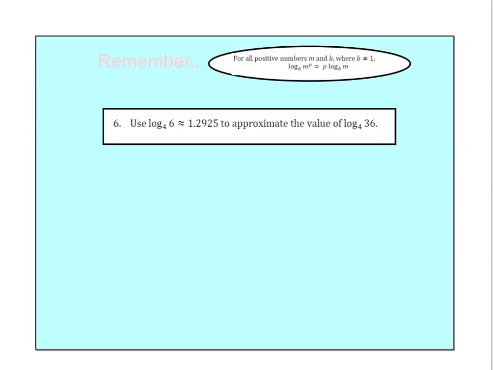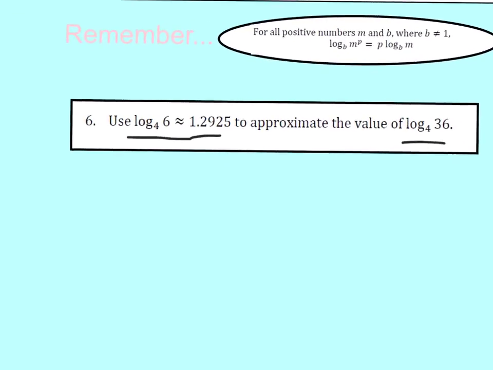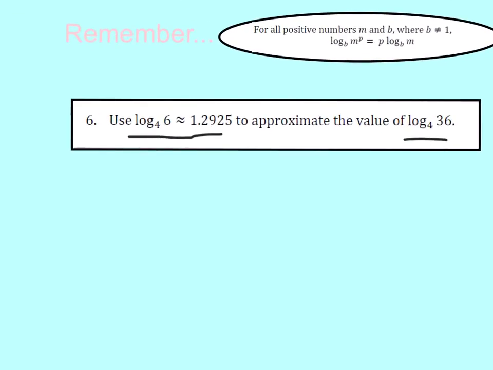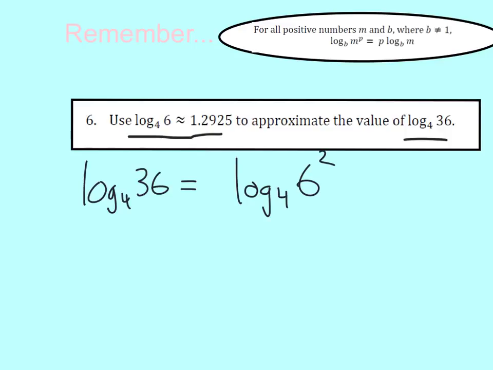So now, you use log base 4 of 6 equals that to approximate the value of log base 4 of 36. So now I'm hoping that you're getting kind of clever here and recognizing that log base 4 of 36 is another way of saying log base 4 of 6 squared.